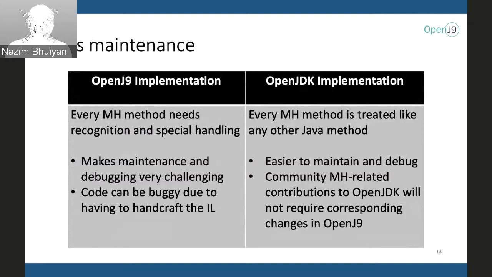However, with the OpenJDK implementation, every method handle method is just like any other Java method, and it is easier to maintain and debug. Another major benefit is that any community method handle related contributions to OpenJDK are not going to require IL generating related changes in OpenJ9. They can be easily integrated into OpenJ9.